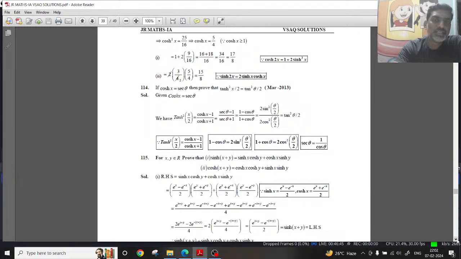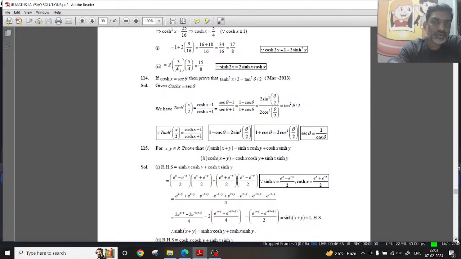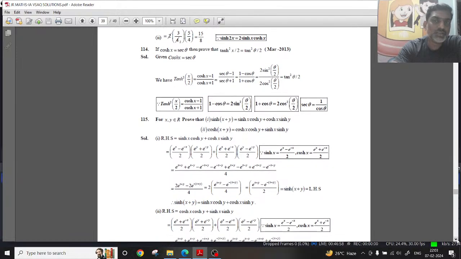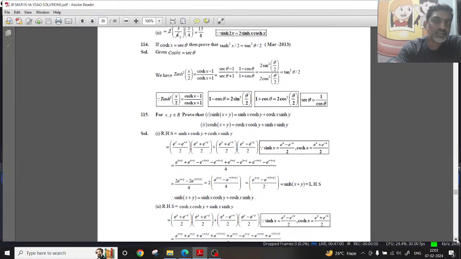So cos hx equals secant theta, so secant theta minus 1 divided by secant theta plus 1. That is 1 minus cos theta divided by 1 plus cos theta. 1 minus cos theta is what? 2 sin square theta by 2. 1 plus cos theta is what? 2 cos square theta by 2. So what we are getting? Tan square theta by 2. Simple, right?